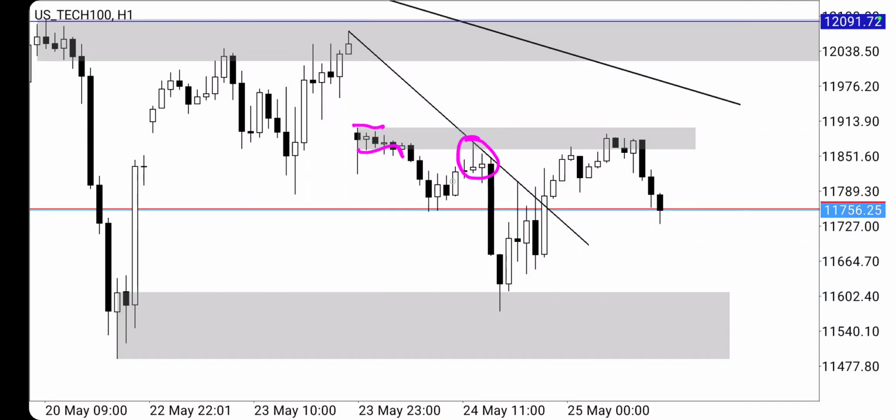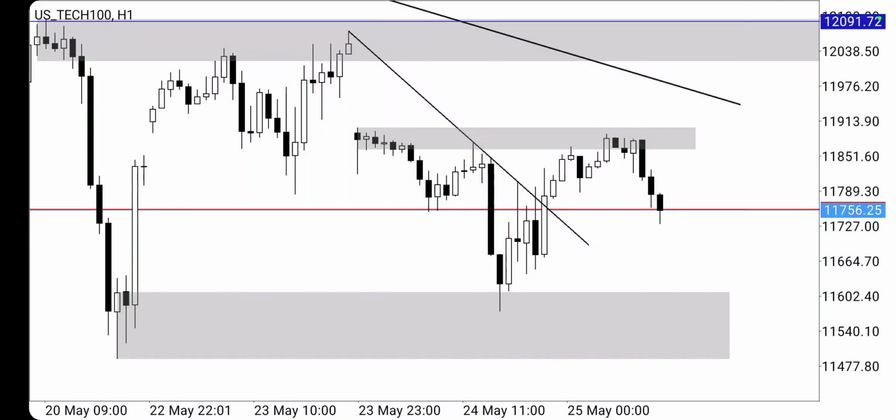We formed the zone. We are only interested in the first pullback. We got that, right? The second one is not high odds compared to the first one. So even though it might work, for you to be able to trade the second one, you need proper confirmation. You need to have more reasons why you're going to take that, because the second touch is not something that you should be going for.